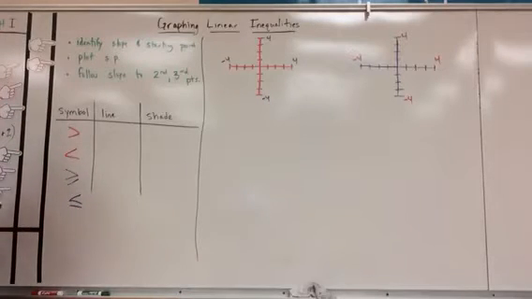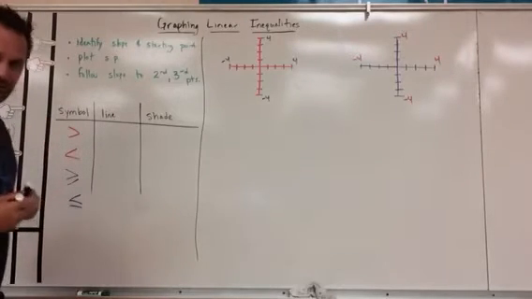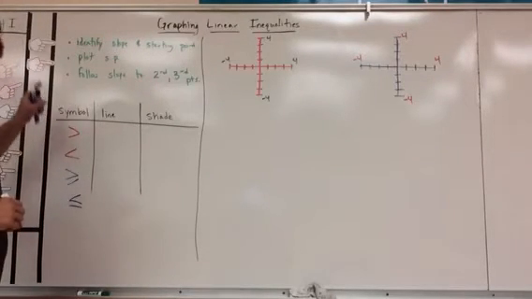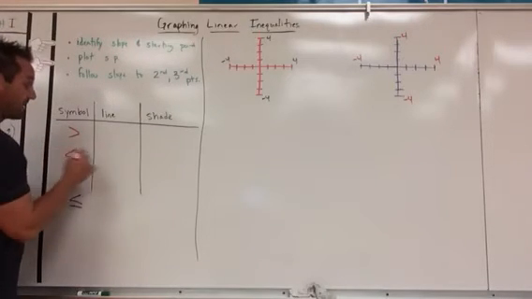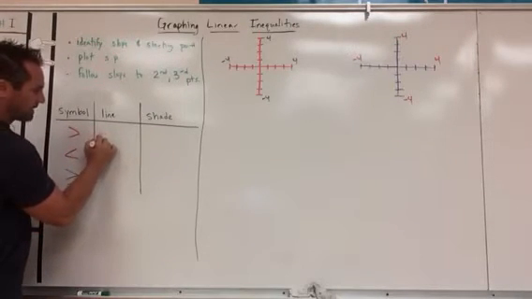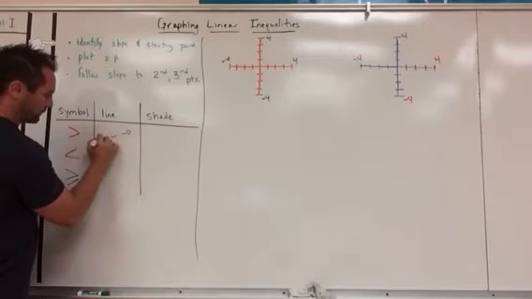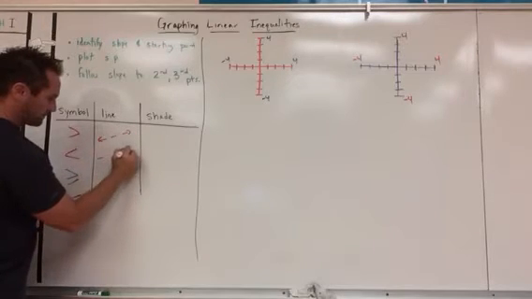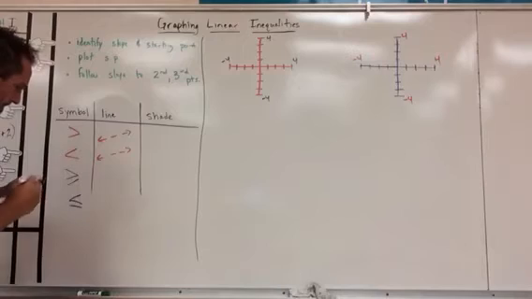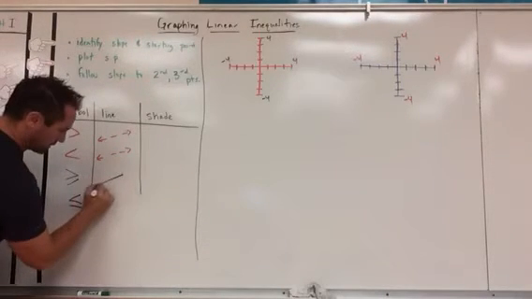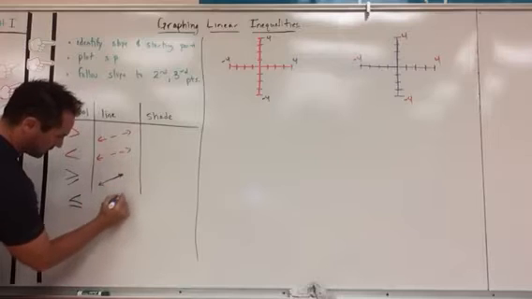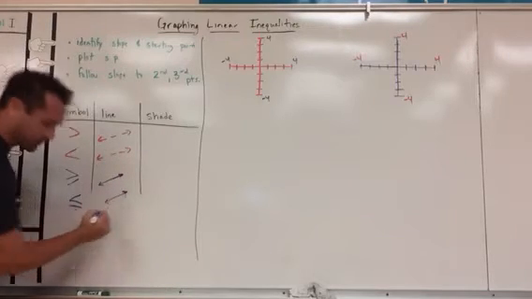Okay? Now, this is where the differences come in. The differences between graphing an equation and an inequality is that your symbol greater than and your symbol less than have a dashed line. Your greater than or equal to is going to have a solid line, as well as less than or equal to.